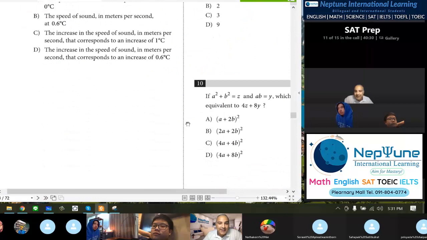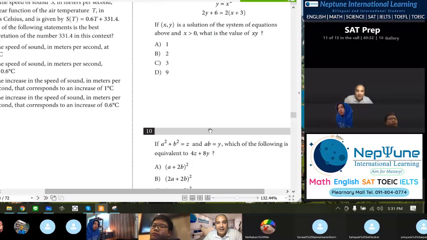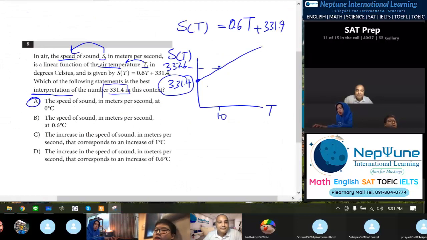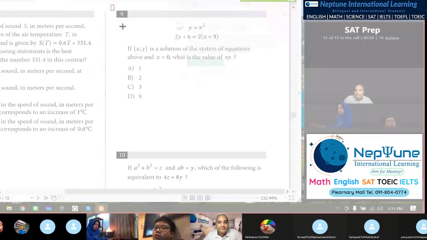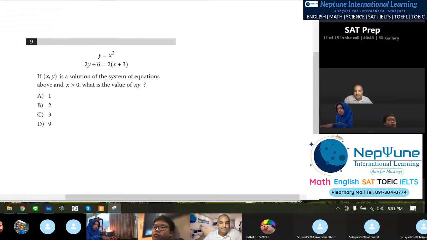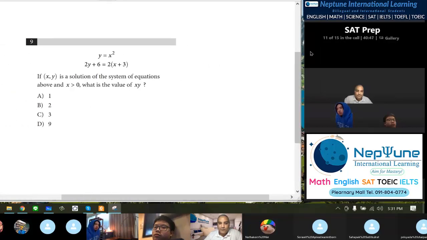Question 9 is just right here. We have a system. One of them is quadratic. The other one looks linear. That's a system of equations, and x and y is like a point. That's the solution, and we don't know it.